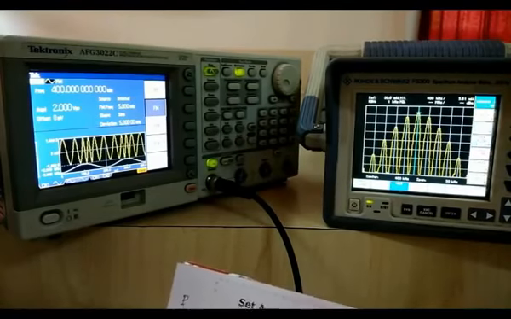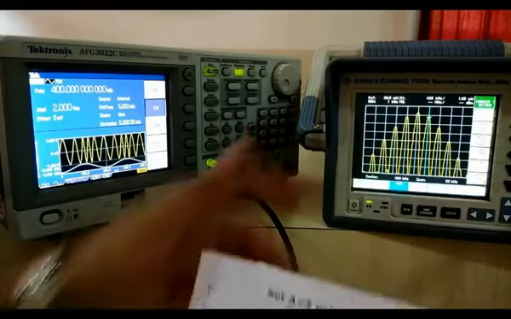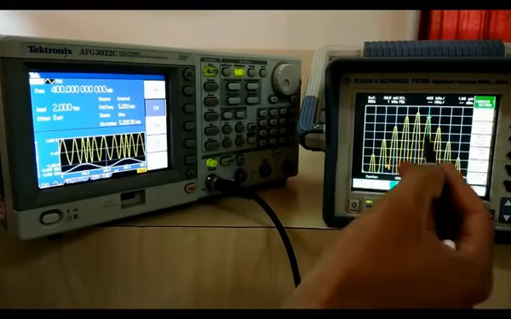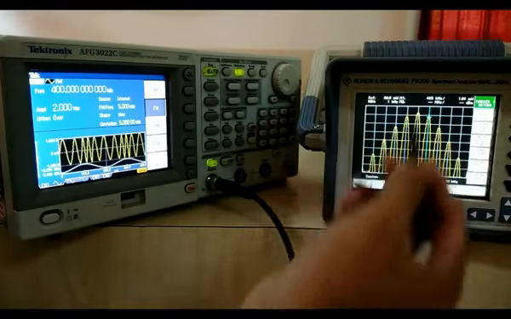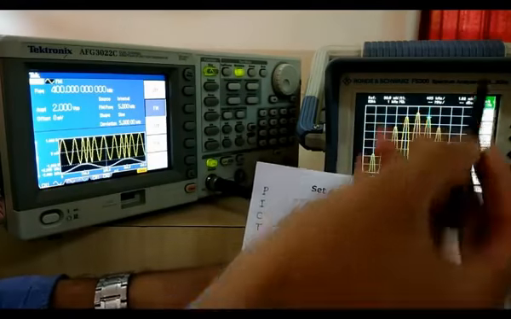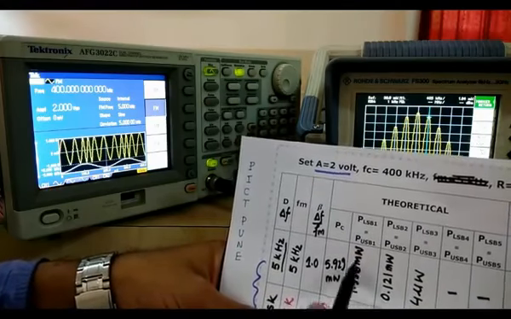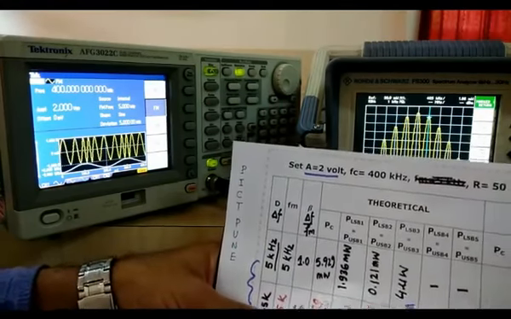Now, the first significant sideband is at 405 kilohertz, because the separation is FM. We can see the two impulses are separated by 5 kilohertz, that is message frequency, and the power associated with this is 1.86 milliwatt, and the theoretical value is 1.936 milliwatt.